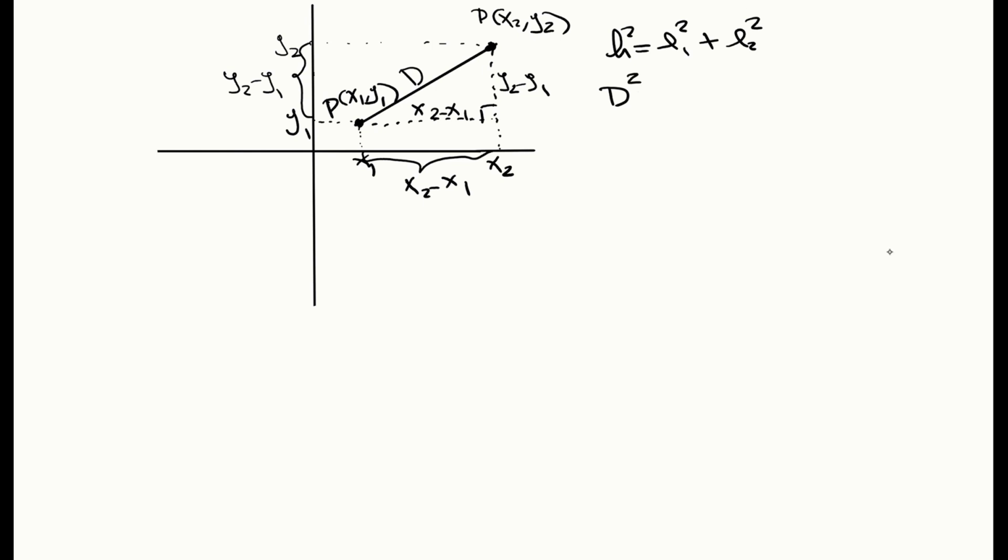So we get d squared equals, notice L1, we can just call it this one, x2 minus x1 squared plus L2, which is this leg, which is going to be y2 minus y1. And then that's going to get squared.